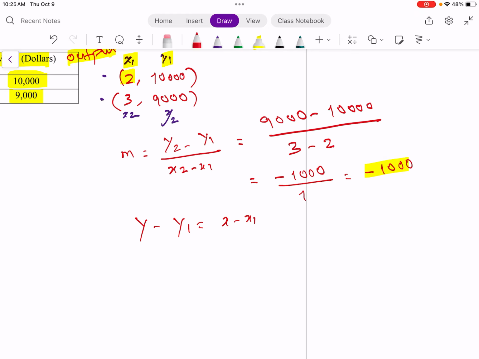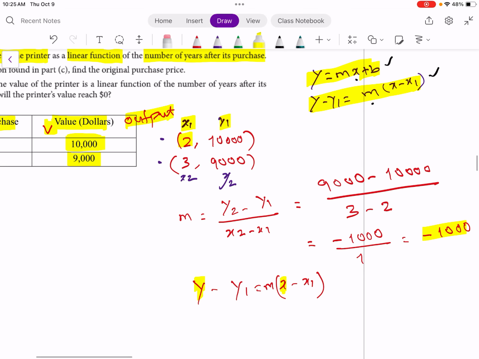So we have y minus y1 equals m times x minus x1. Now in this specific case, what is our y and what is our x? X represents input, y represents output. In this example, what do we use to represent our output?